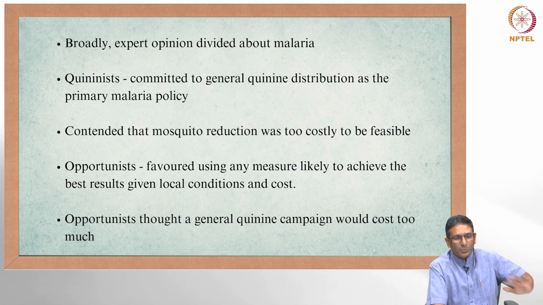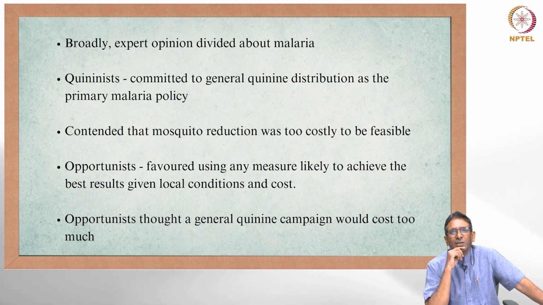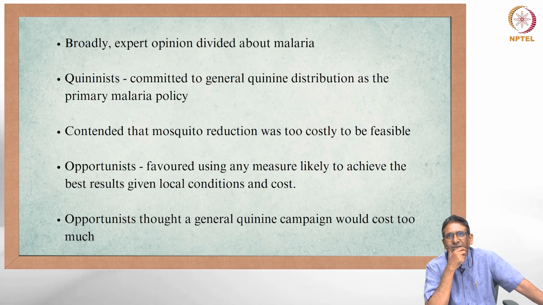So broadly speaking, there were two schools with their own opinions about how to eradicate malaria. One was called the quinine school, which was committed exclusively to quinine as the solution to malaria.